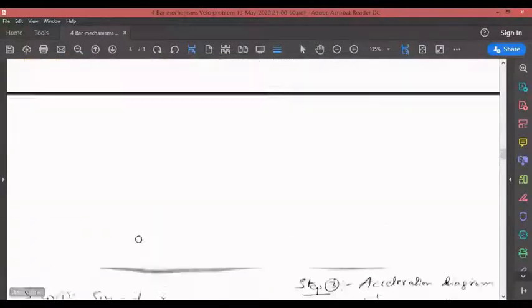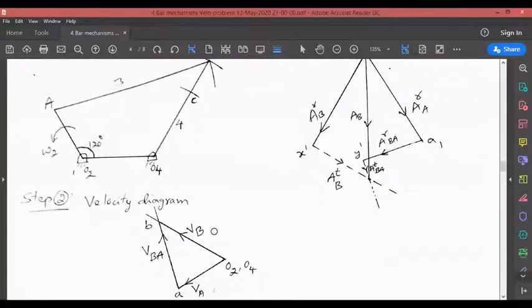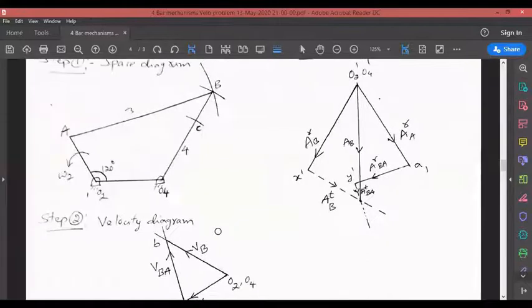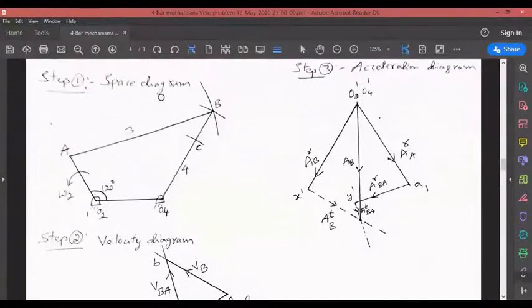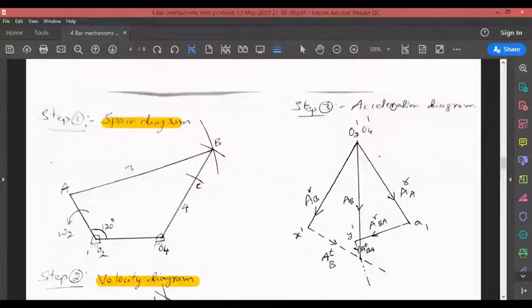Hence, if you draw the manual diagram, the final diagram will be like this. So first you draw the space diagram like this. This is the space diagram. And then in step 2, you draw the velocity diagram, VA, VBA, and VB. And as a third step, you draw the acceleration diagram.